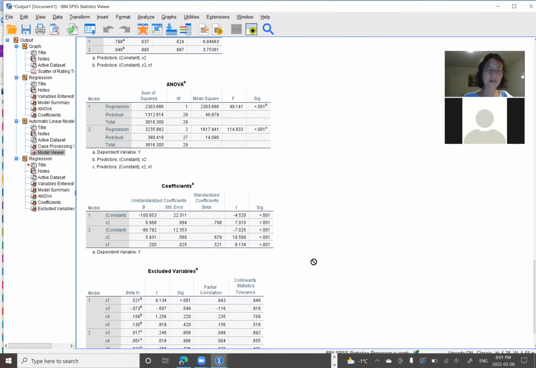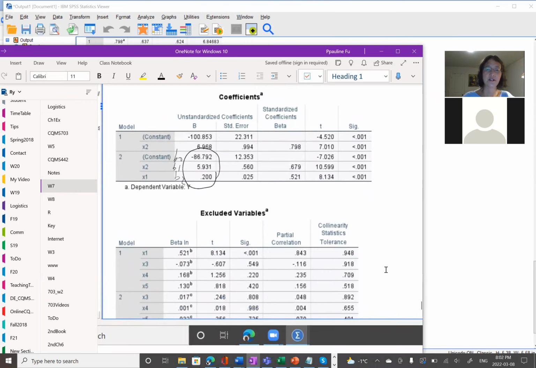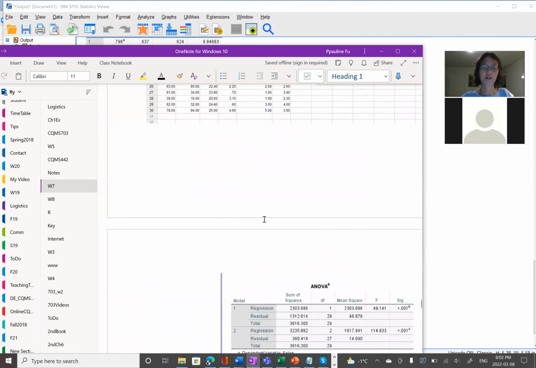And based on this stepwise, you can write down the equation. You can write down the equation based on these three values. You have constant B0, B1, and B2. Okay, so that is the stepwise multiple regression equation. I actually have this one. Any questions?